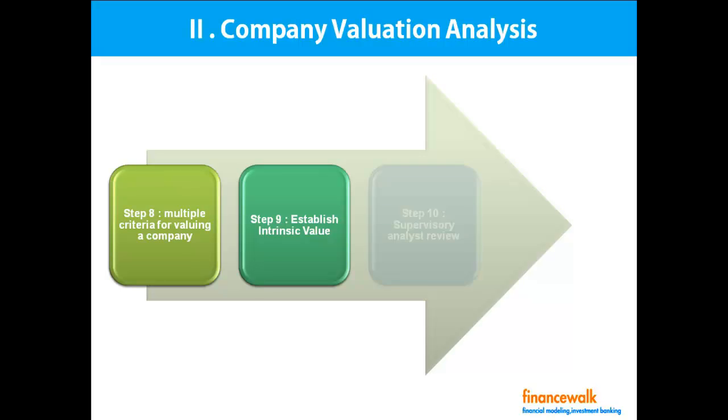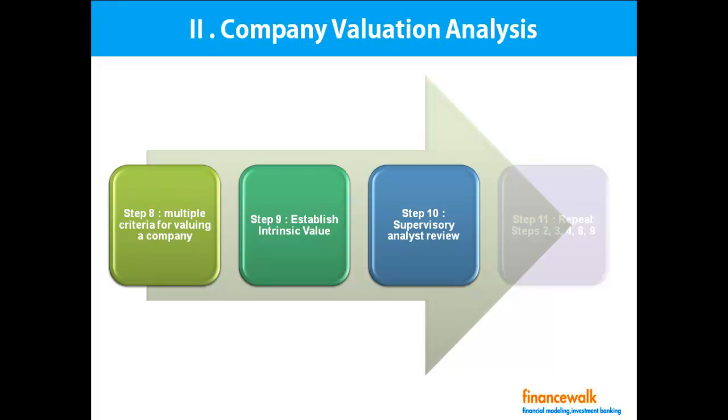After these 9 steps, you should go for supervisory analyst review for regulatory and compliance purposes. And then the last step is that you need to repeat some steps, that is second step, third step, fourth step, 8th step and 9th step.